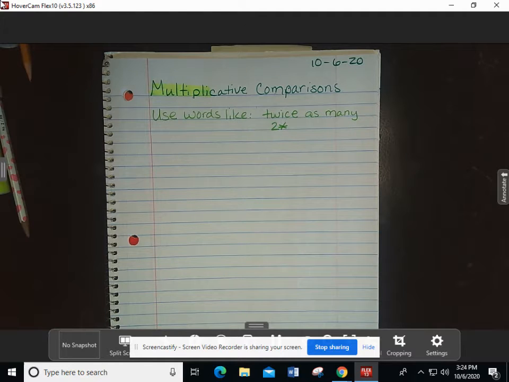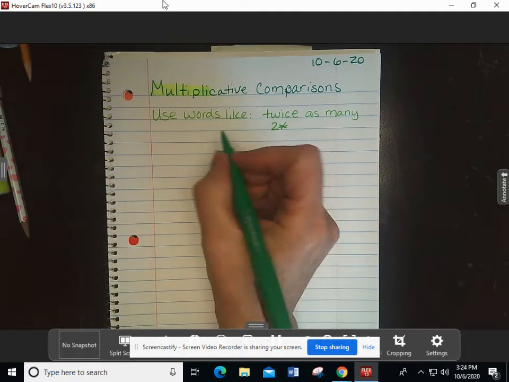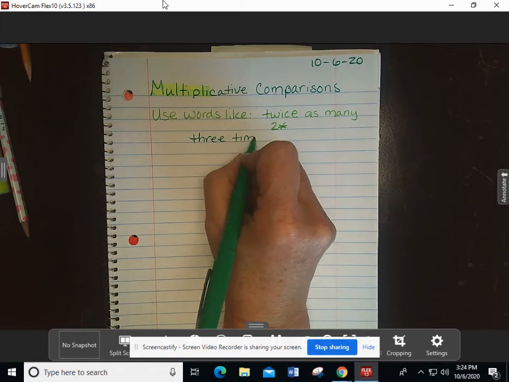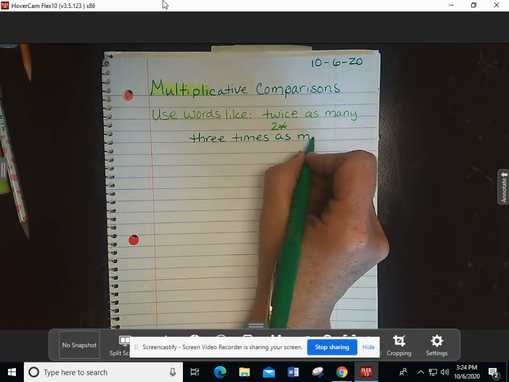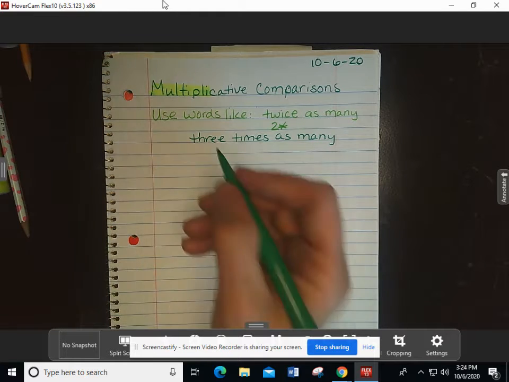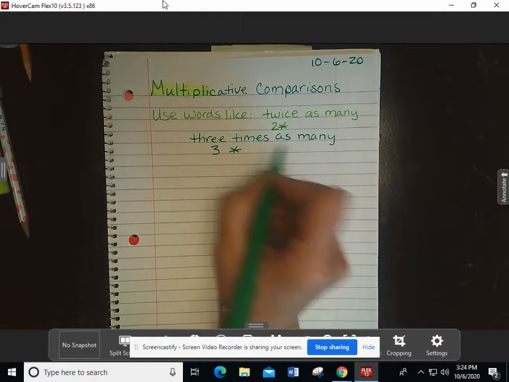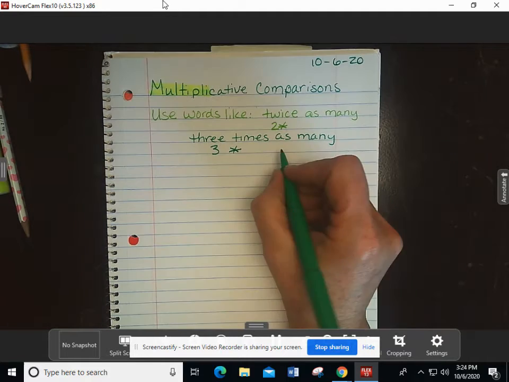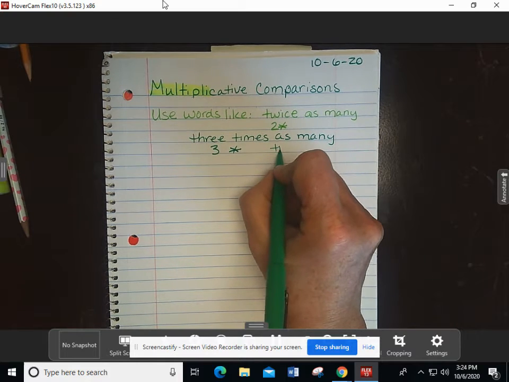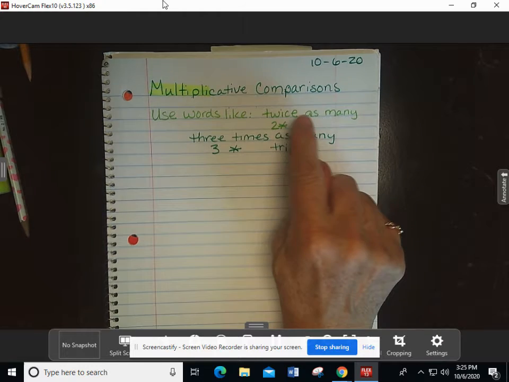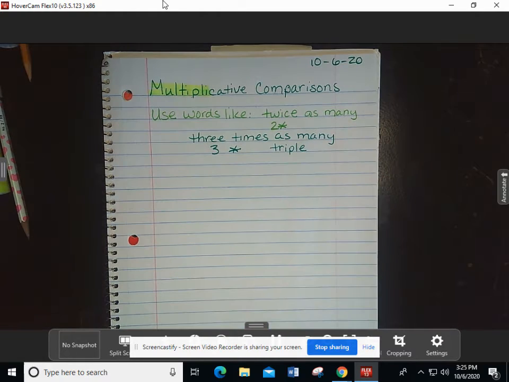Sometimes we'll hear things like 3 times as many. Make certain you copy this down. So if we're thinking about 3 times as many, we're multiplying by 3. We can also think of that as we triple something. Twice can also mean doubling something.